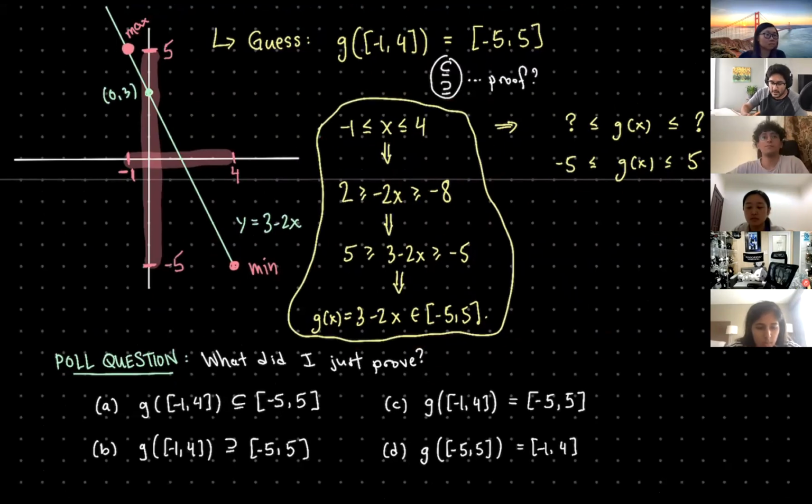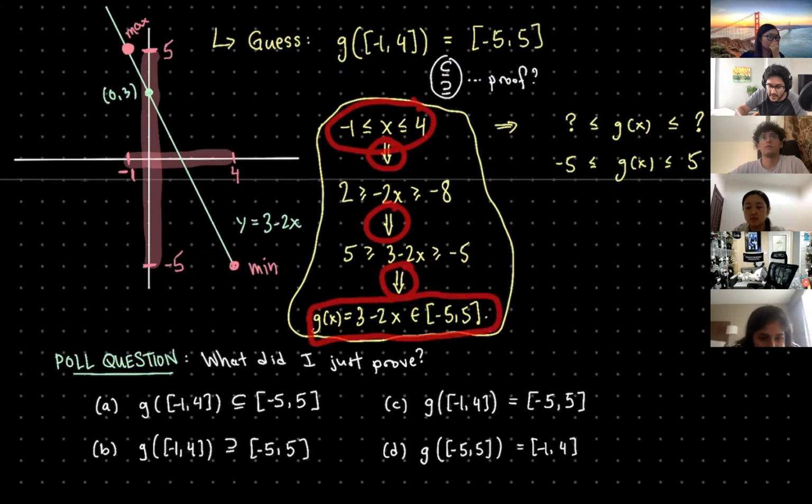Of these 4 statements here. I started with x in this interval, and I just did some logical calculations until I got to this conclusion, that g of x is in this interval. What does that exactly prove?